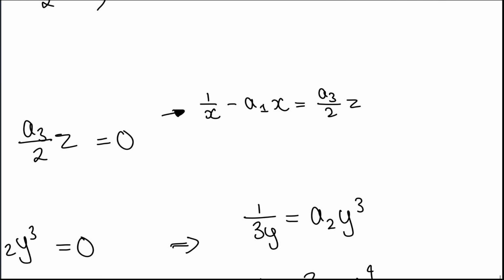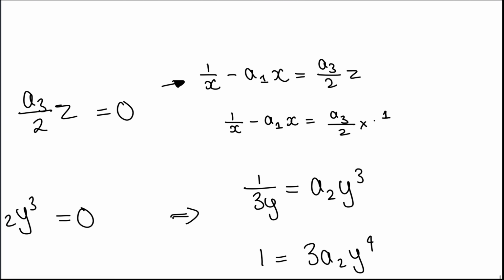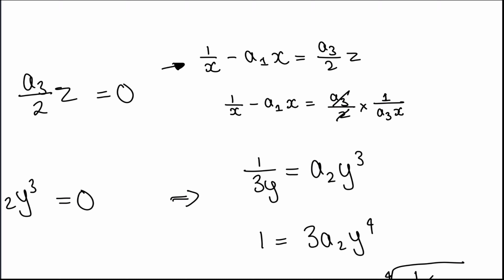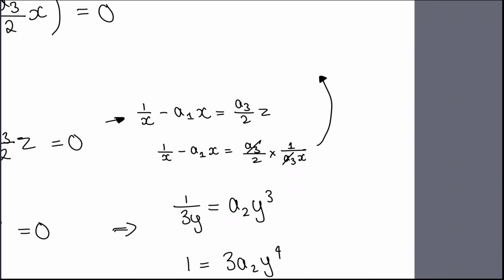If I substitute that over here, we get 1 over x minus a1x is equal to a3 over 2 times 1 over a3x. So we get 1 over x minus a1x is equal to 1 over 2x.